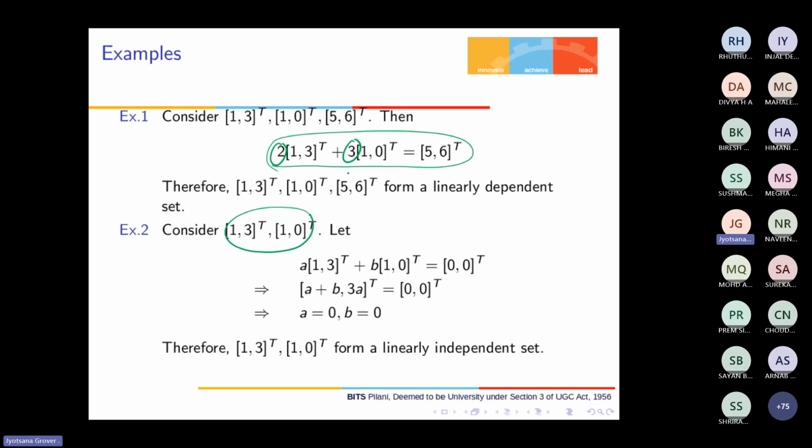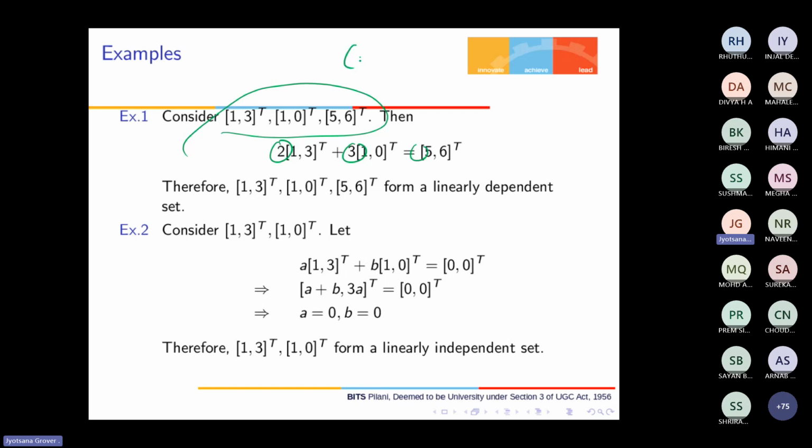It can be anything, but whatever value you give, this equation should be maintained. If you solve, these values will not be given to you. Just test whether these vectors are linearly independent or not.